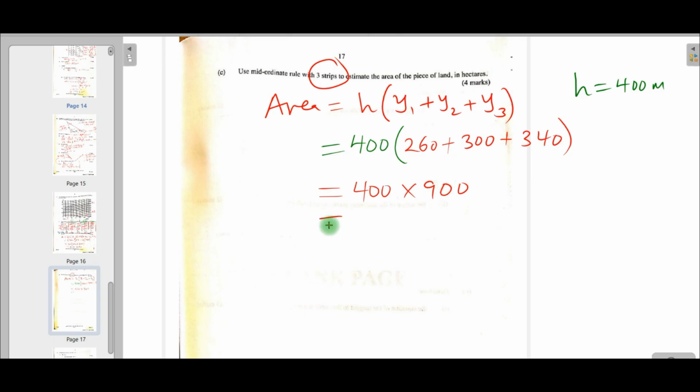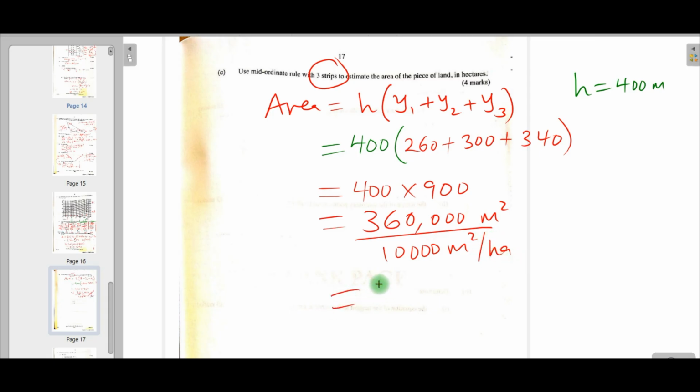We multiply, we get 360,000 meters squared. But 1 hectare is equal to 10,000 meters squared. So divide by 10,000 meters squared per hectare, and therefore we get 36 hectares.